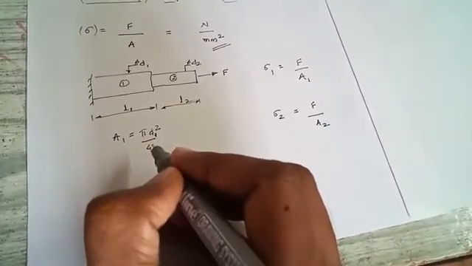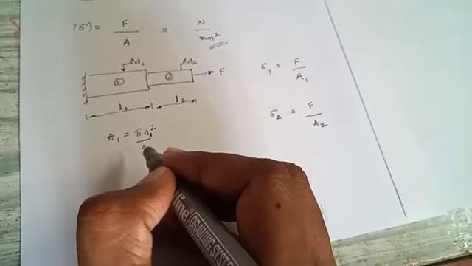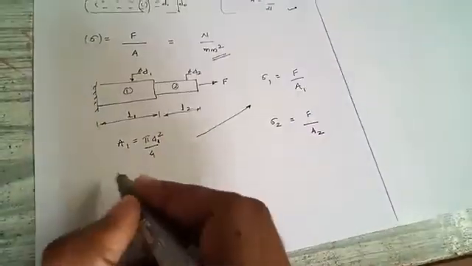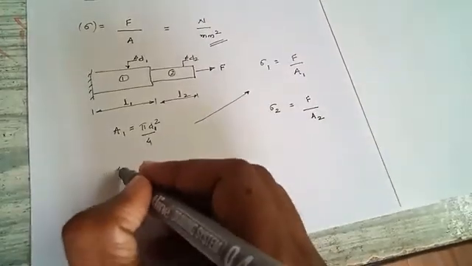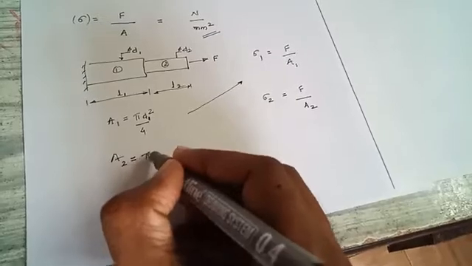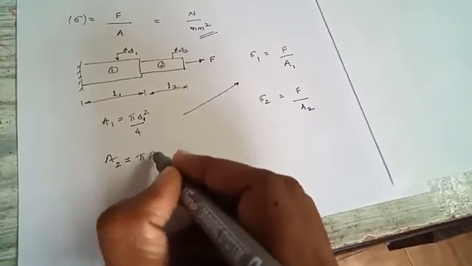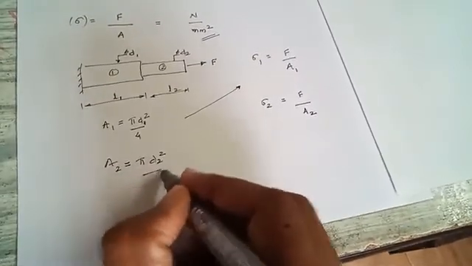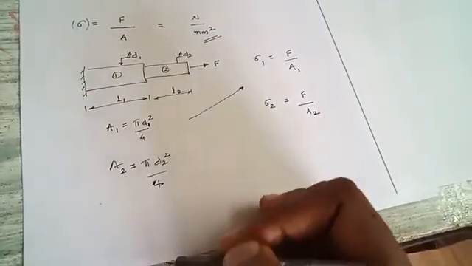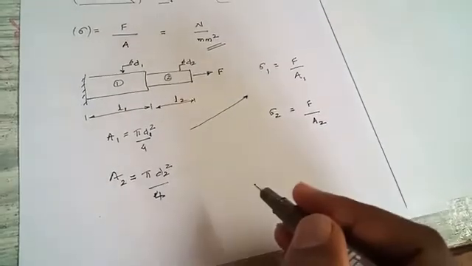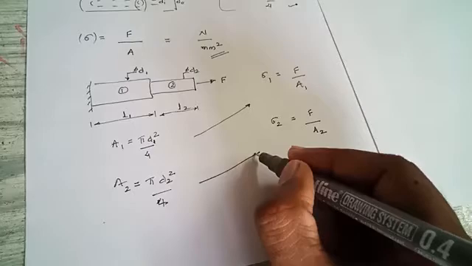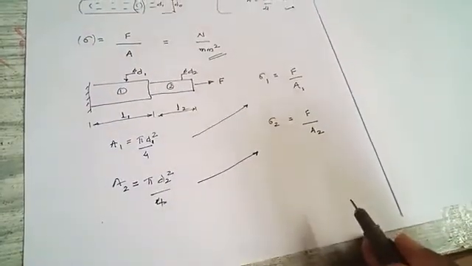You have to calculate the area and substitute in this equation. Likewise here, A2 is pi d2 square by 4. Find out the area A2 and substitute in this equation.